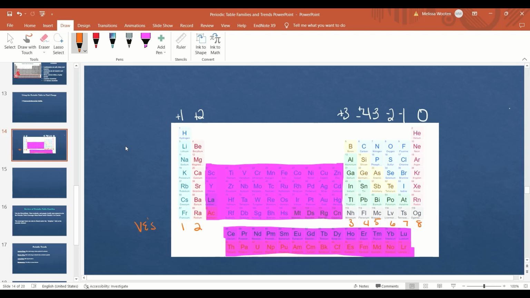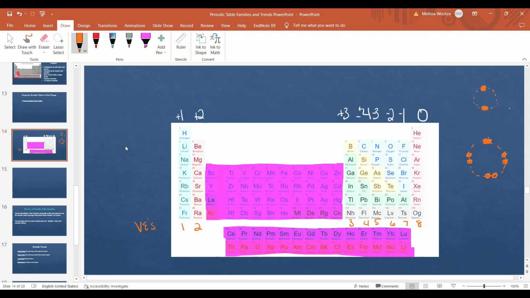And so I'm going to do a shell with 2 electrons for hydrogen and helium. Well, helium's already happy. And then let's do one with 8.